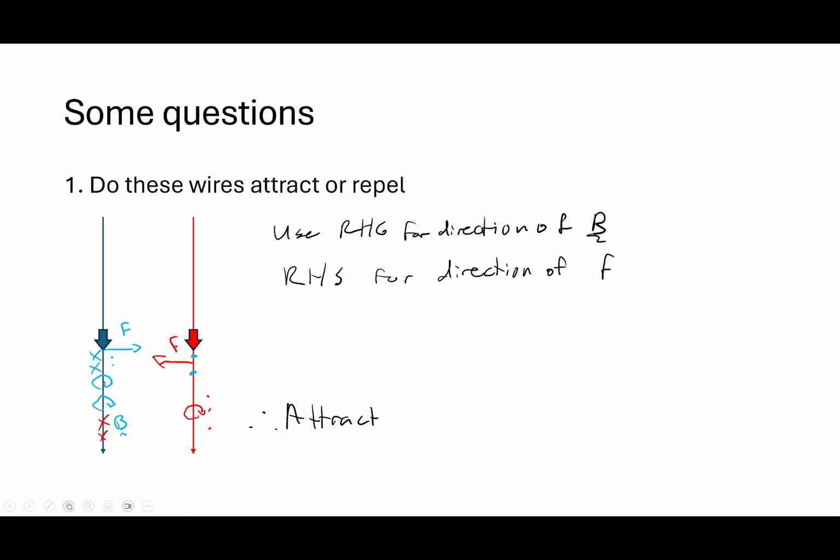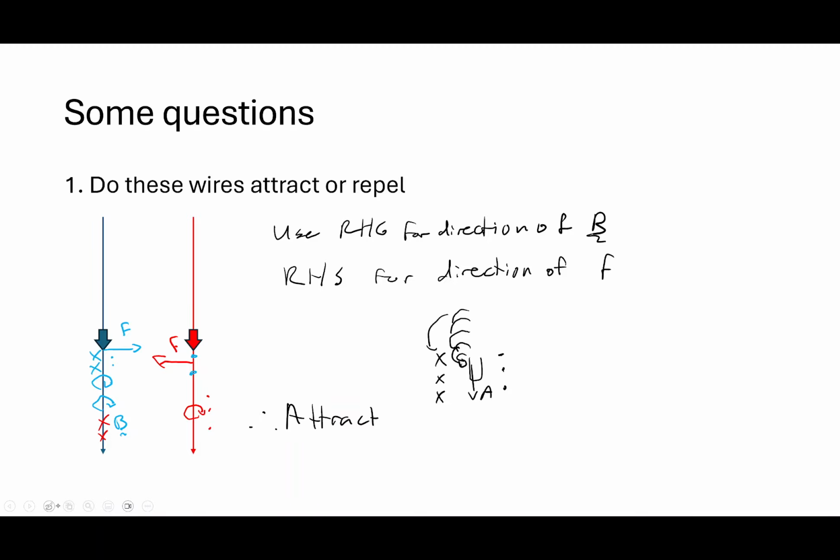The red wire has a magnetic field going into the page if you use the right hand grip rule: your thumb points down, and then your fingers curl into the page. So you have magnetic field going into the page and then out of the page on the other side. And this is the same for the blue wire and the red wire.